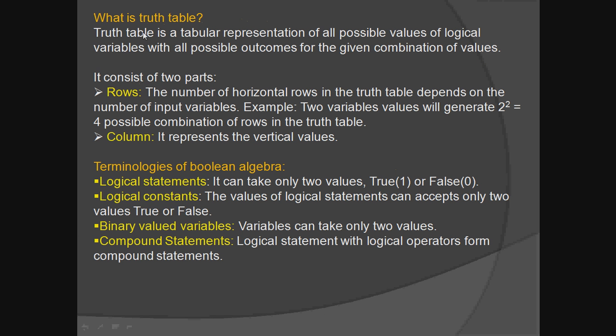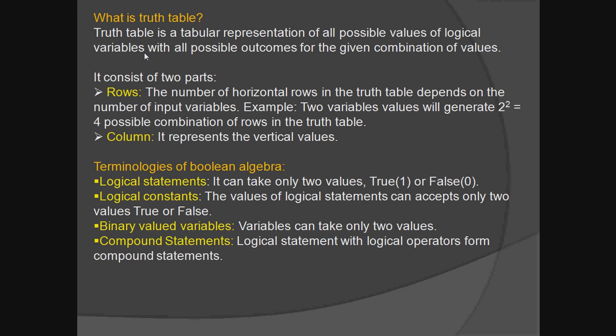Now truth table. So a truth table here is a tabular representation of all possible values of logical variables with all possible outcomes for the given combination of values. So a truth table is a table representation in rows and columns format, to represent the variables which are used in the Boolean algebra, and the values that are stored in the variables.